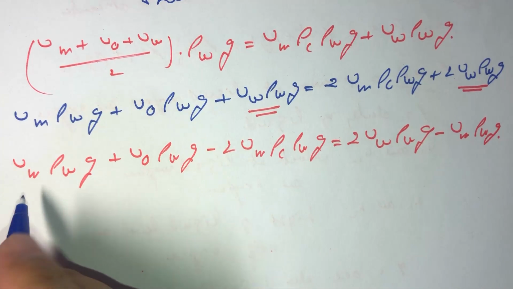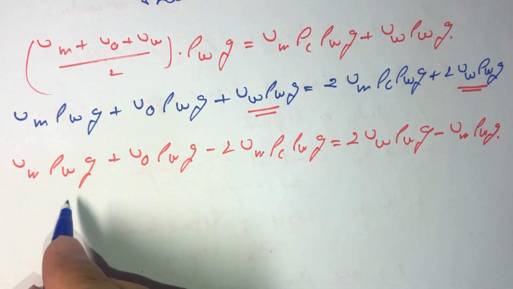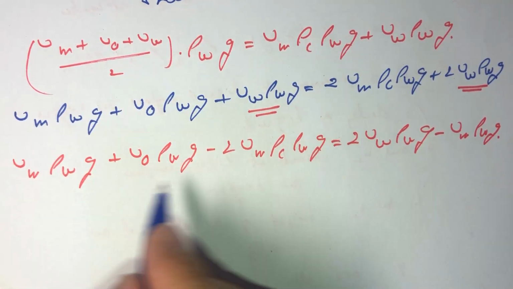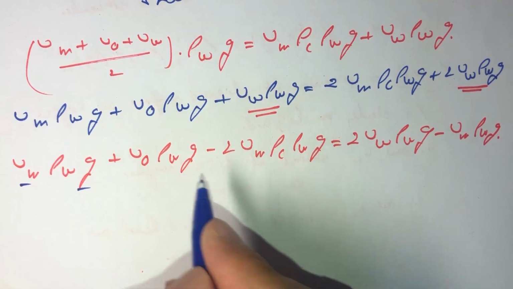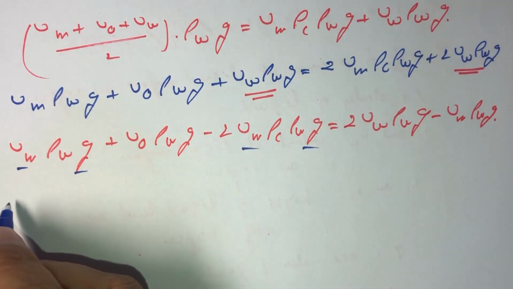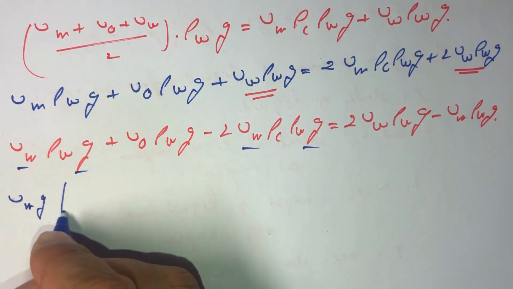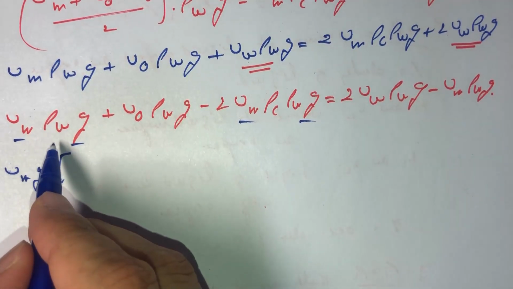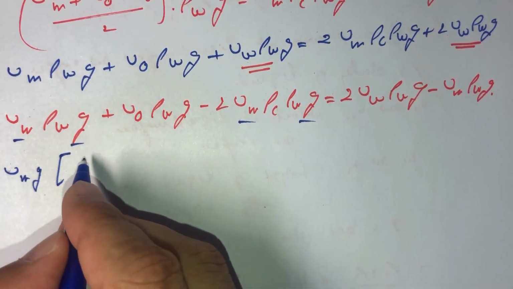Yeah, so this will be equal to, taking Vmg as common, so we have Vmg and Vmg from here, so we are left with Vmg and rho W and rho W. So let me write it first.